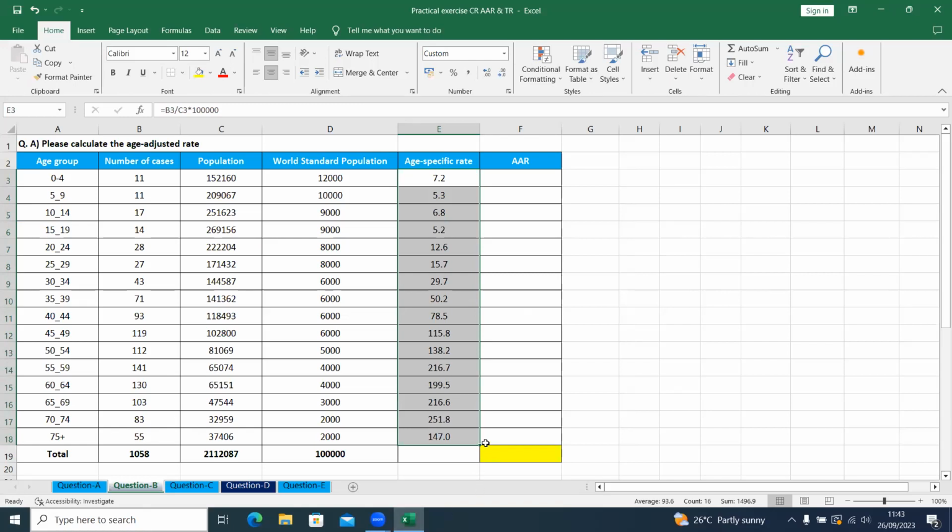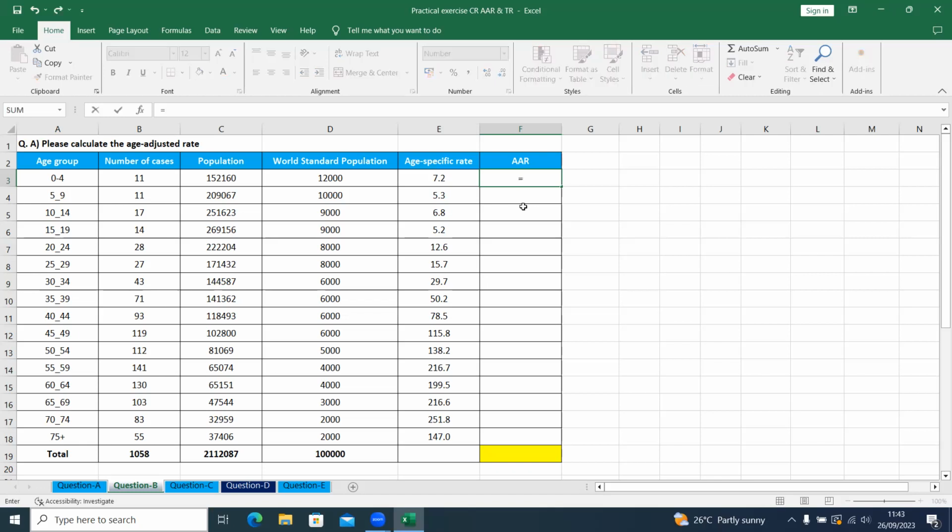Now, next step. Here we have to mention a formula is equal to the age specific rate of that age group into the world standard population of that same age group.